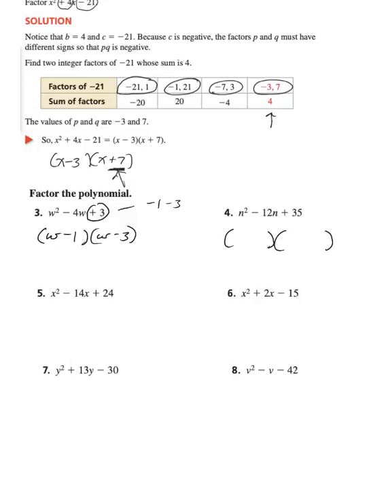Okay, welcome back. Hopefully that didn't take you too long, but you're going to put an N here for the F of FOIL, the first terms. And again, the last terms would produce the 35. Multiplying the last ones, what two numbers multiply to positive 35 but add up to negative 12?